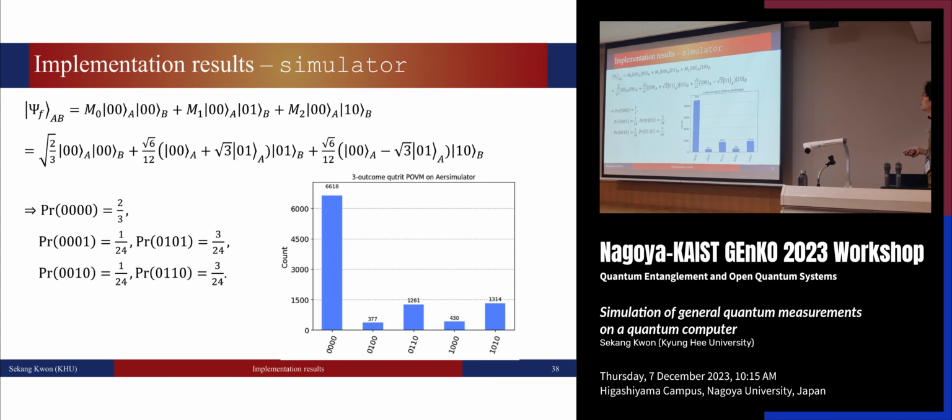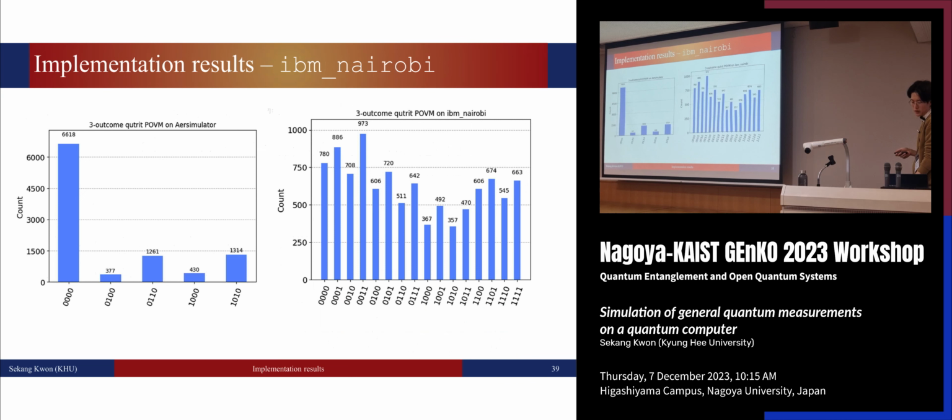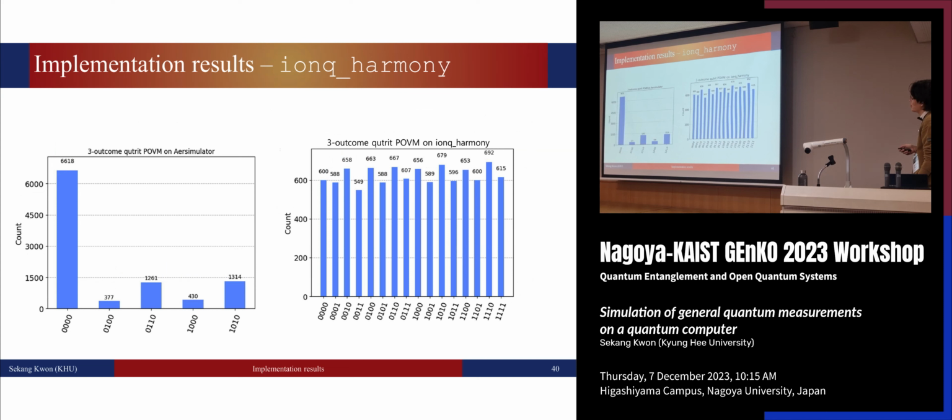First, this is the noiseless simulator. This also fits well. And this is the result on IBM Nairobi, but there is so much noise that we cannot get meaningful data from this. IonQ Harmony is like a uniform distribution, so there is no meaningful data there either.